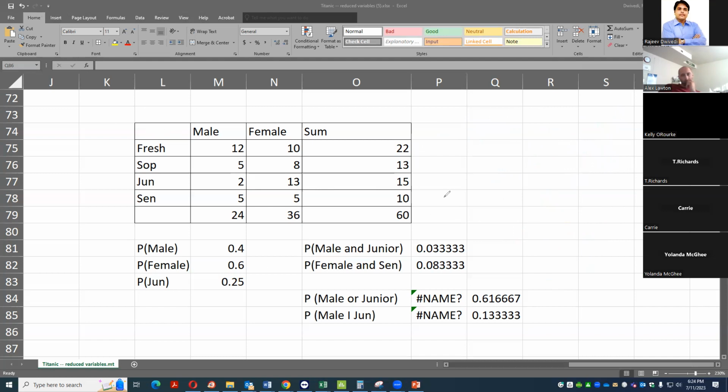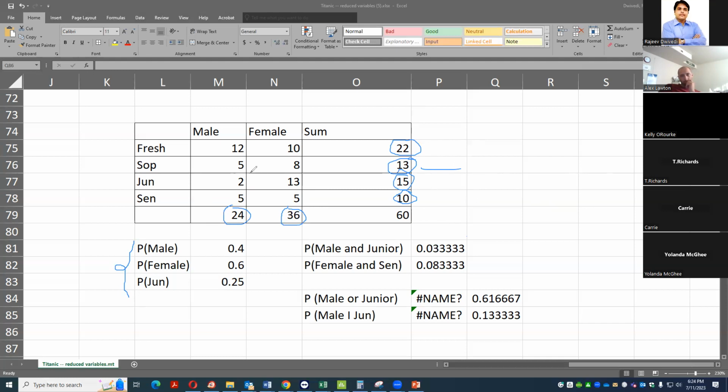So basically, there are three common kinds of probabilities. First, marginal probabilities: probability of male, probability of female, probability of freshman, junior, senior, sophomore. Then you have AND probability.